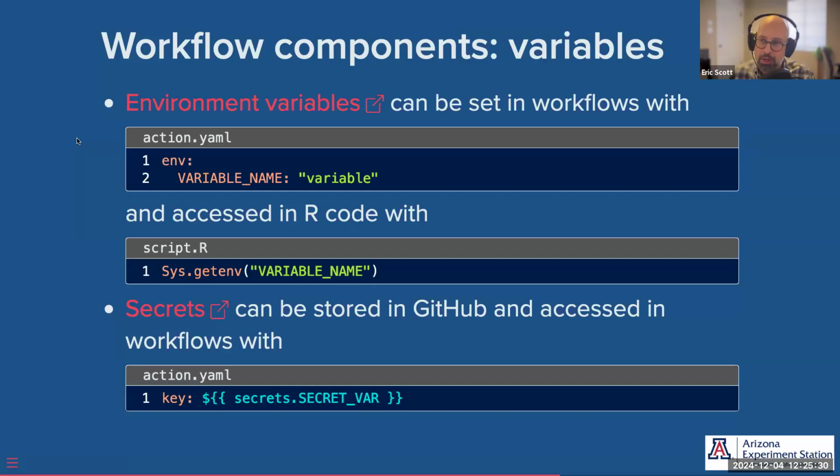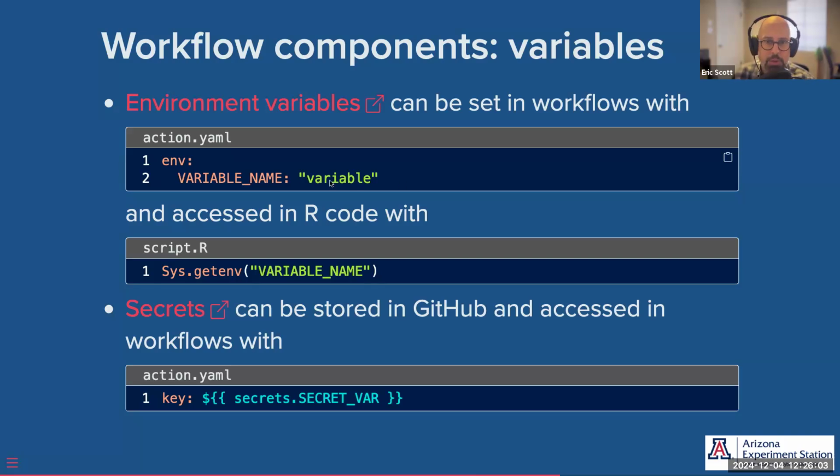You can set variables in a variety of different ways. These are useful, and we're going to see, I think, in this last example, how they can be really powerful. So environment variables, this is not a GitHub Actions specific thing. These are things that just exist on computers. You can set environment variables for your runners on GitHub Actions with this env key. And you can just give it a variable name. By convention, I don't know if it's required, but by convention, environment variables are all caps with words separated by underscores.